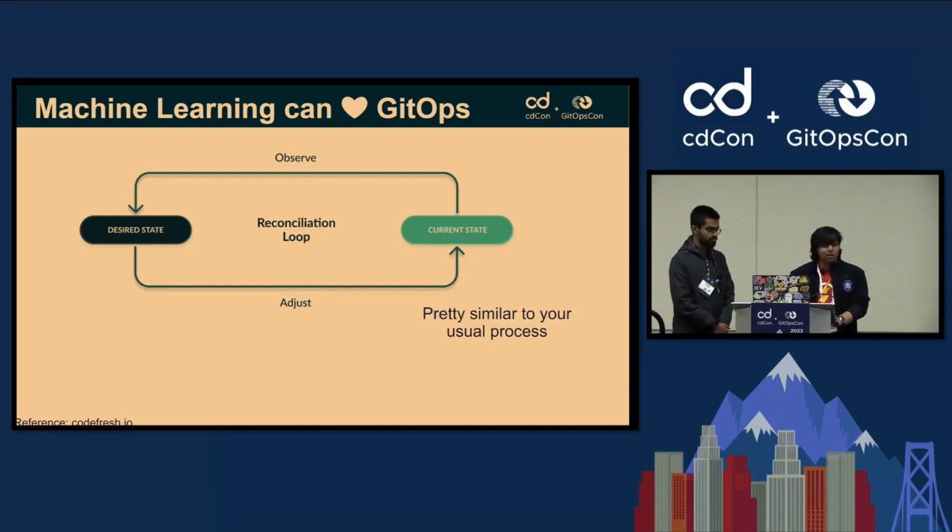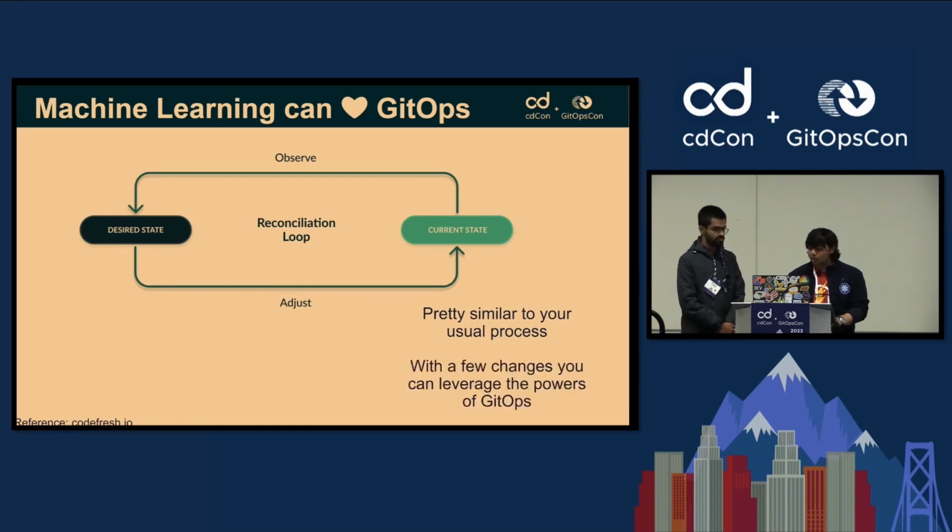And this is pretty similar to your usual process while modeling machine learning algorithms. And with a few changes, you can start leveraging the powers of GitOps and the powers of all the GitOps principles, like one of the examples I just showed.